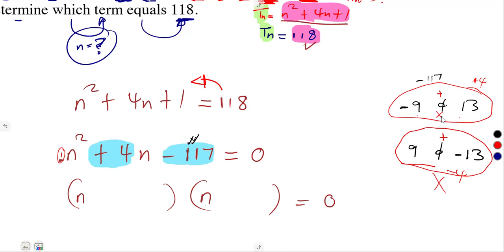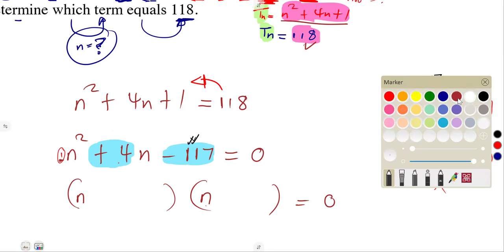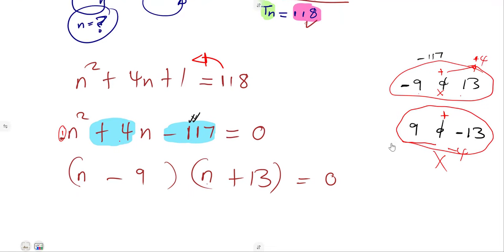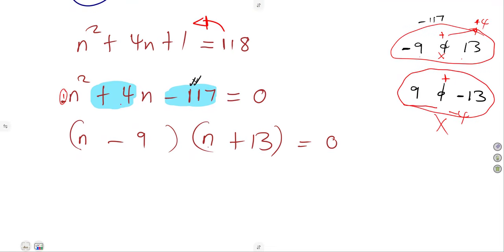The product gives us minus 117. The sum gives us 4. So these are the numbers: negative 9 and 13. So we can solve for n. As we have got the two brackets, each of these must be equal to 0.